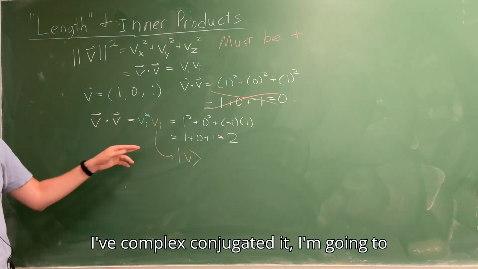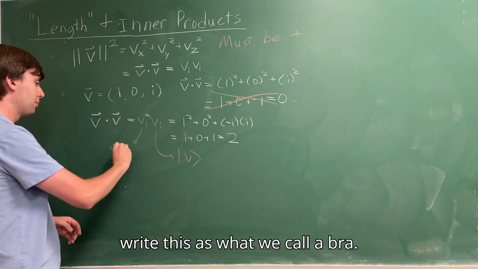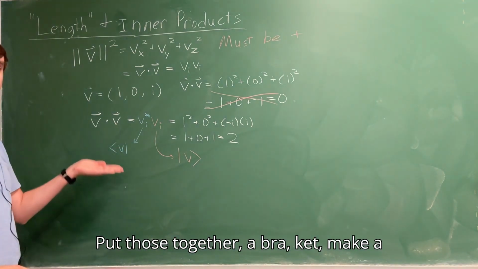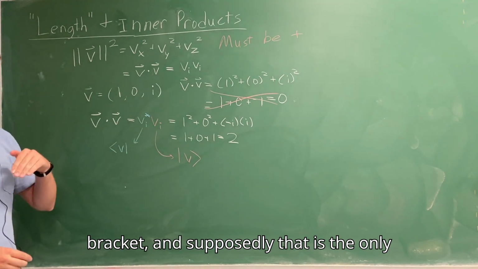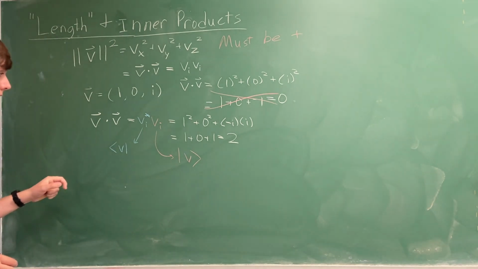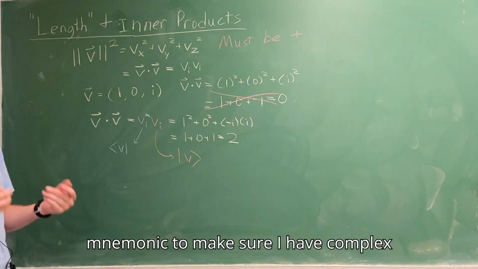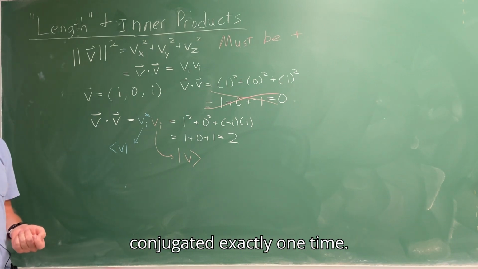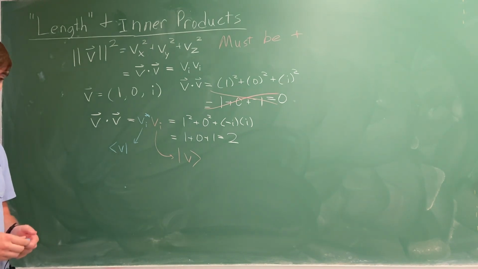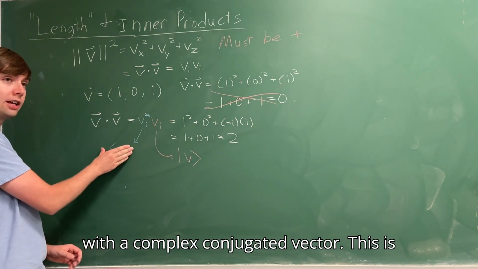But if I've complex conjugated it, I'm going to write this as what we call a bra. Put those together, a bra ket, make a bracket, and supposedly that is the only joke Paul Dirac ever made. This is nothing too fancy. This is just a mnemonic to make sure I have complex conjugated exactly one time. I have to put together a normal vector with a complex conjugated vector.